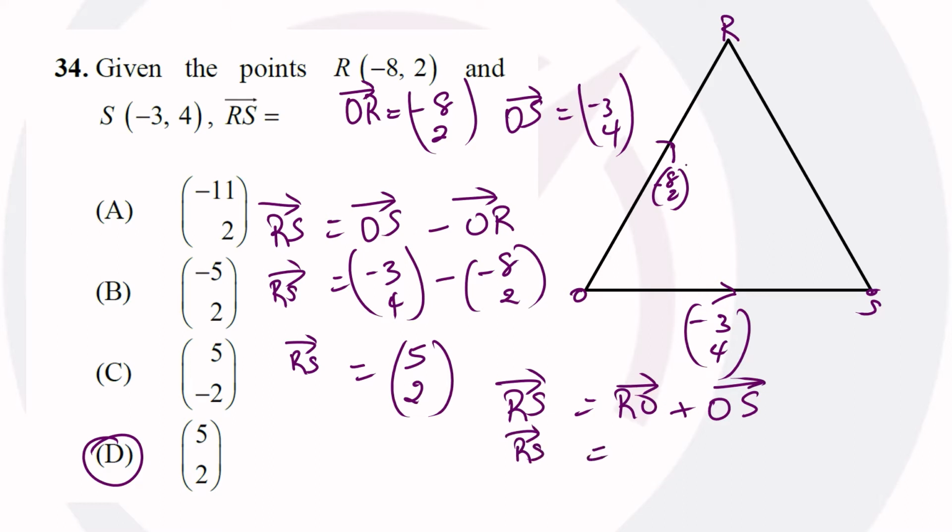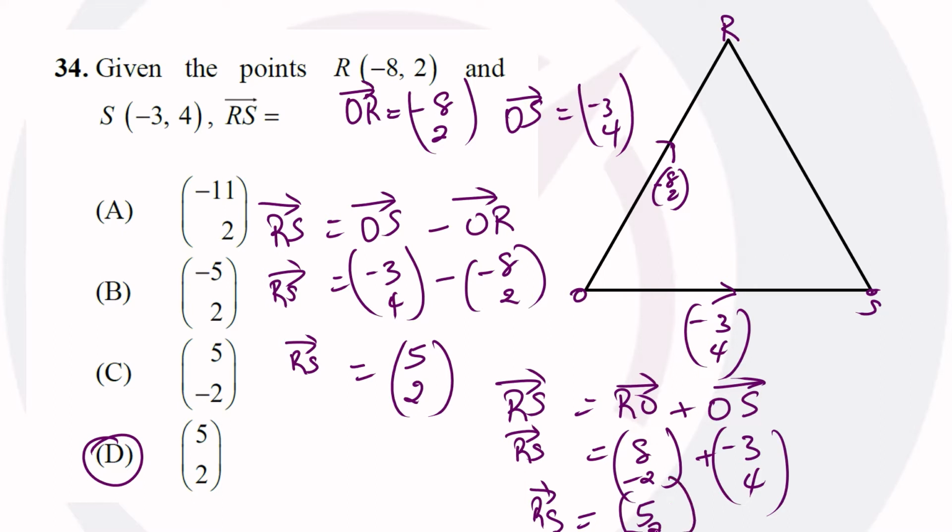RO will be the inverse, so that will give us positive 8, negative 2, plus OS, which is negative 3, 4. So vector RS is equal to 8 minus 3, 5, and negative 2 plus 4 gives us 2. So we get our same (5, 2), which matches D.